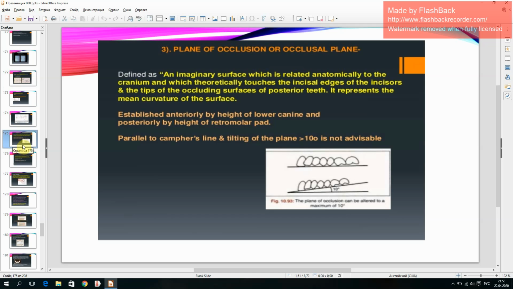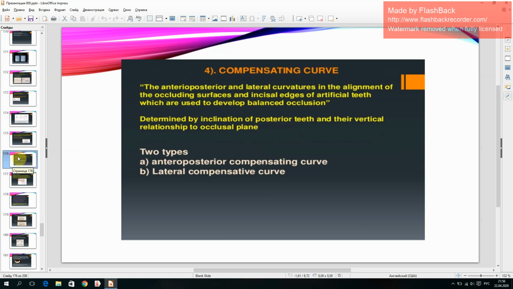Plane of occlusion or occlusal plane. Compensating curve, of two types: anterior-posterior compensating curve and lateral compensating curve.